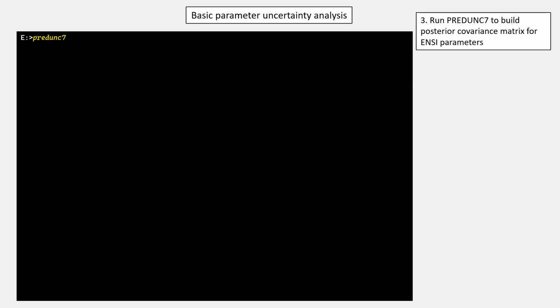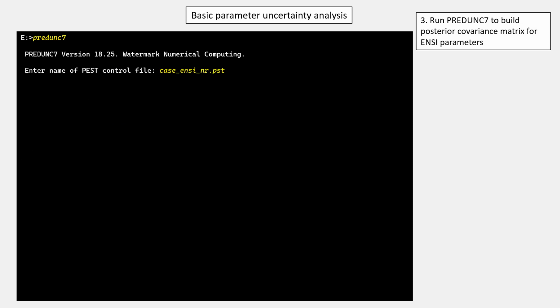To do this, we use the predunc7 utility supplied with PEST. It asks for the name of the pest control file and it checks that there's a complementary JCO file. Now, two things contribute to the posterior uncertainties of parameters: non-uniqueness and the noise associated with members of the calibration data set, or whatever is responsible for model to measurement misfit.